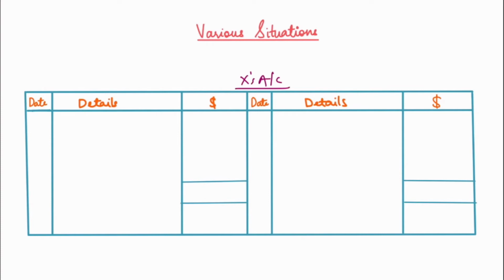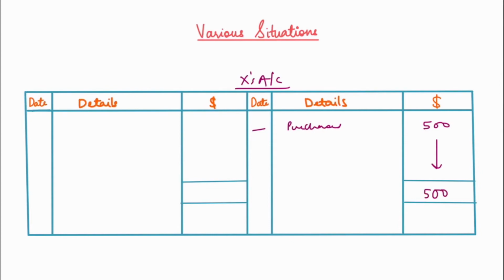So here the date and then purchases, amount being suppose $500 only. And now there's no further entry in the business happening with X. So while closing the books, as there is no entry, this 500 will come down.